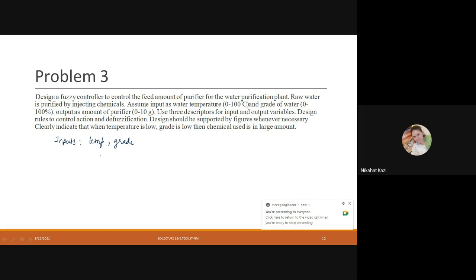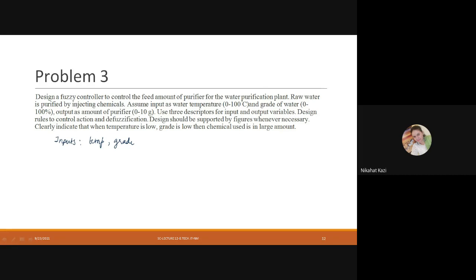So, and there are three descriptors. So temperature again you can have as cold, normal, hot, right? And grade can be low, medium, high, something like that, right? Similarly, the output, what is expected? The amount of purifier, right? So again, that could be a small amount, medium amount, or large amount, right?